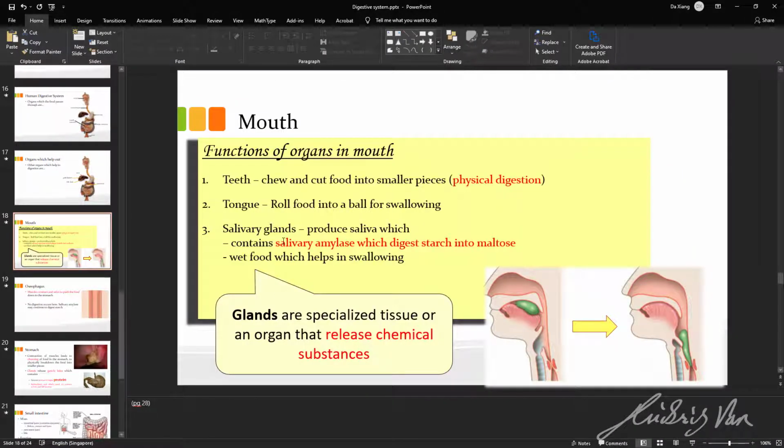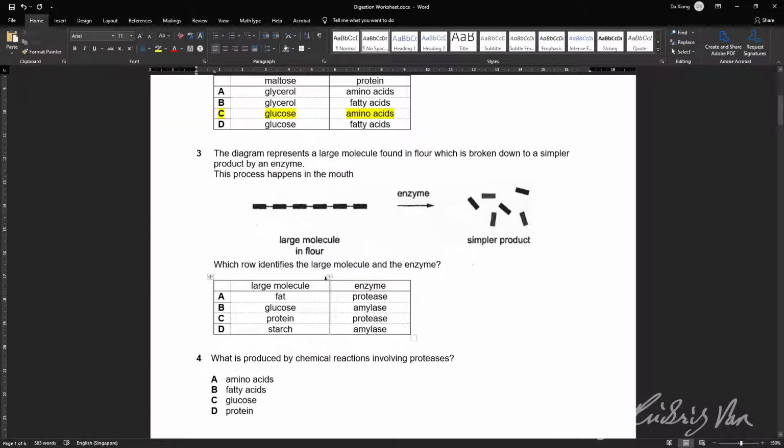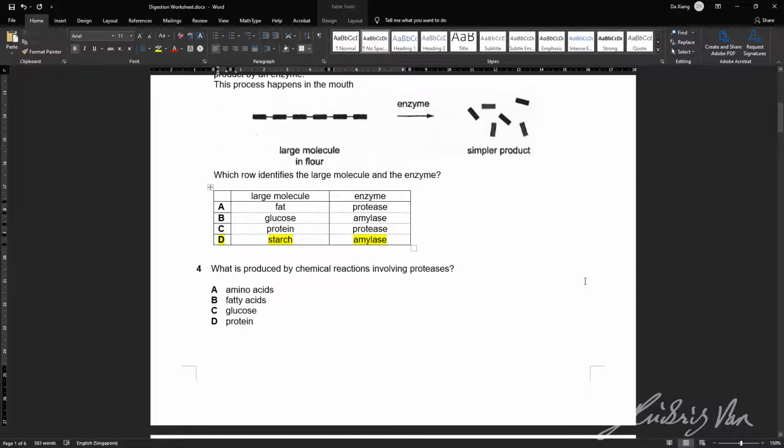So in the mouth, salivary amylase digests starch into maltose. So large molecule is starch. The enzyme is amylase. So the answer is D. So you can see that for all the questions, the answer can be found inside your slides.